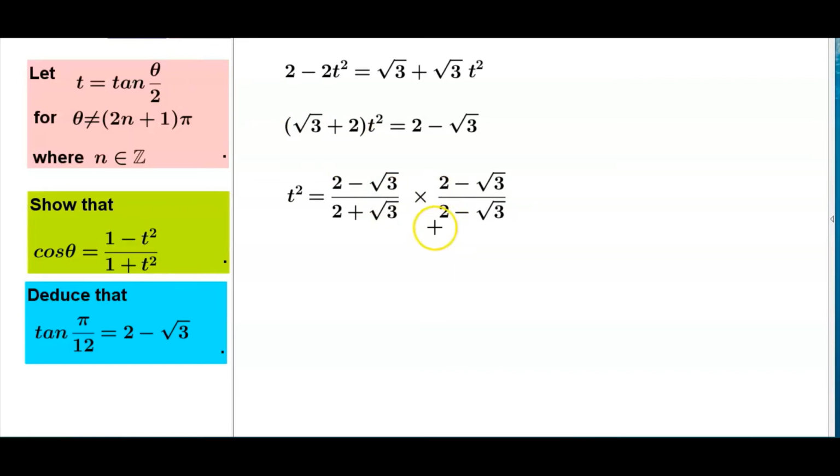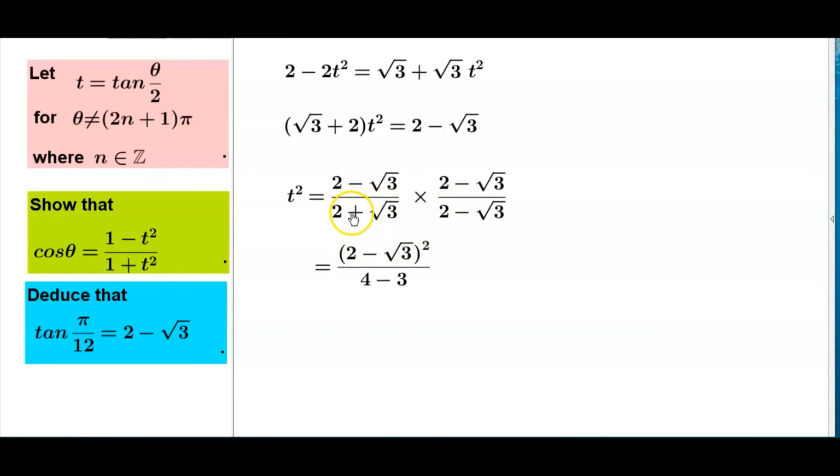Multiply both numerator and denominator by the conjugate of 2 plus root 3, that is 2 minus root 3. The numerator becomes (2 minus root 3) times (2 minus root 3), that is (2 minus root 3) squared.